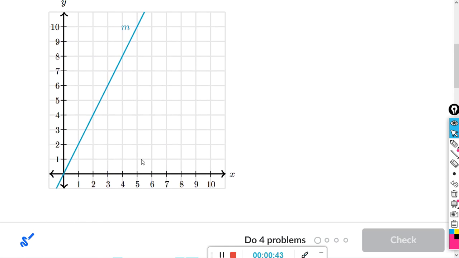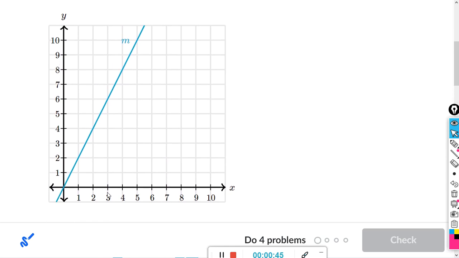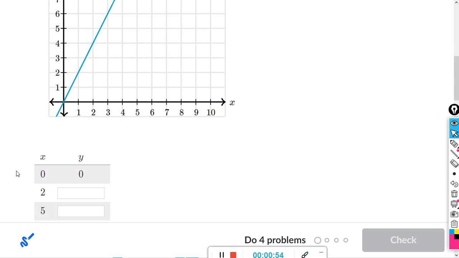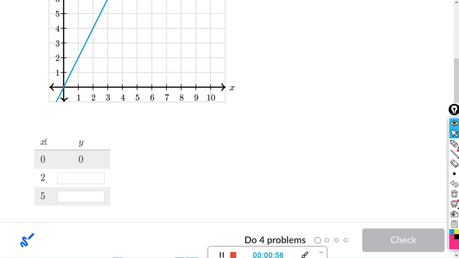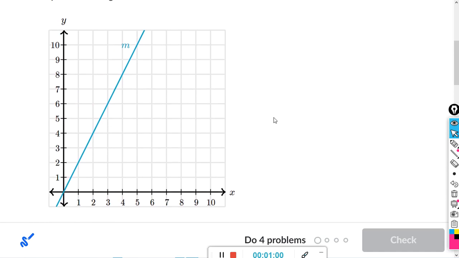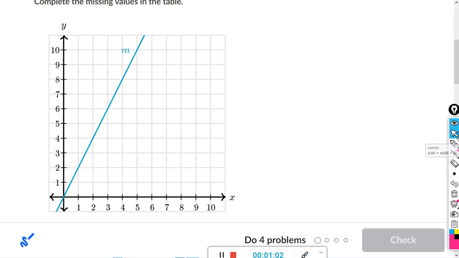Well, let's see. This here is the x-axis, and this here is the y-axis. All right? So we're going to go to X equals 2 and see what the Y coordinate is on the line.